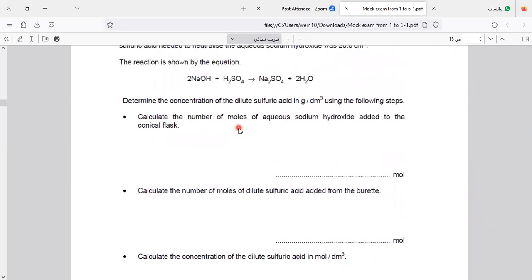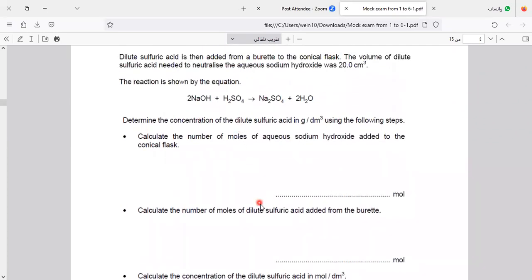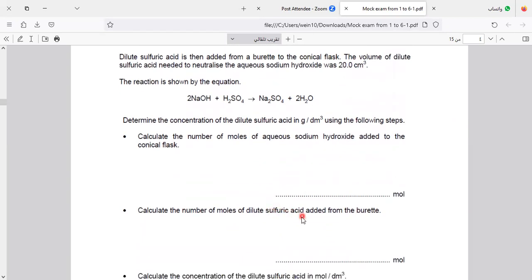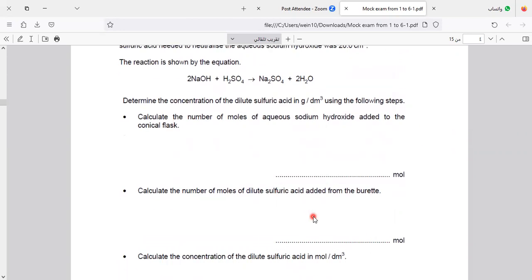Common mistake here: some students, when they start to find moles of sulfuric acid, say I will use the second triangle because I have a volume. No, in titration, if you need volume of acid or volume of alkali added from the burette, you must use the mole ratio.